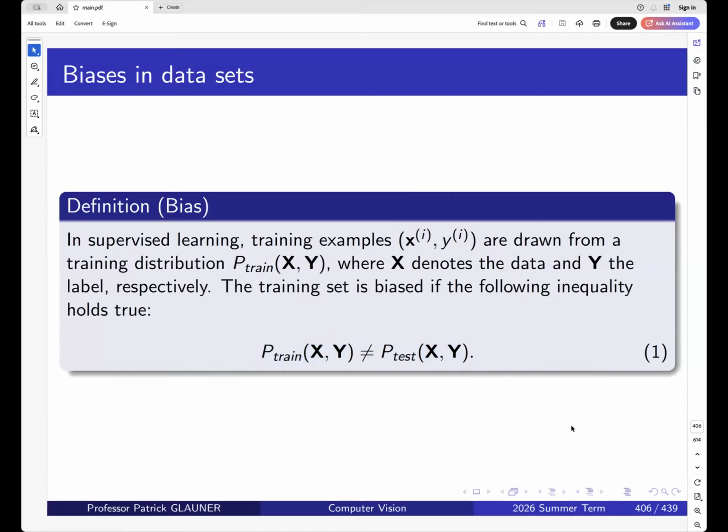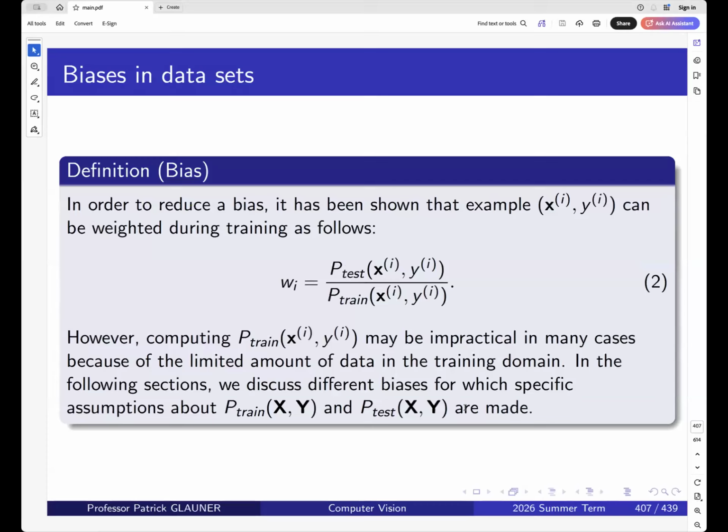We could try to correct for this bias. But we will see very soon there is not just one type of bias; there can be many types of biases in the data. This makes intuitive sense: the distribution for the training data is different from the distribution of the test data. And now we want to correct for this.